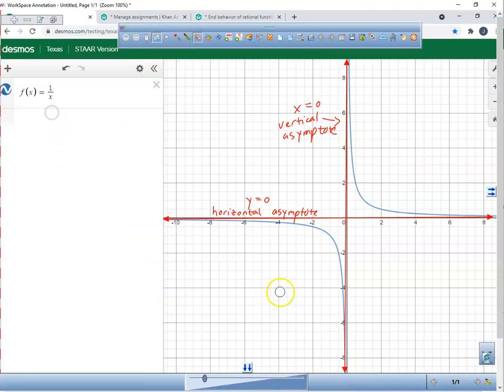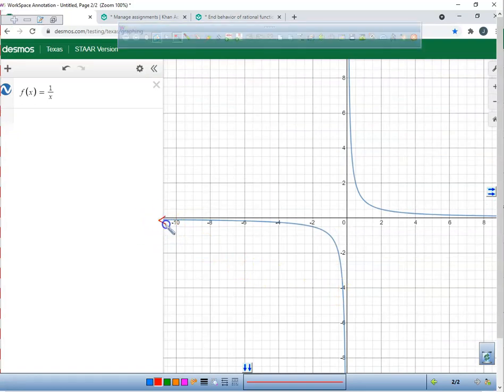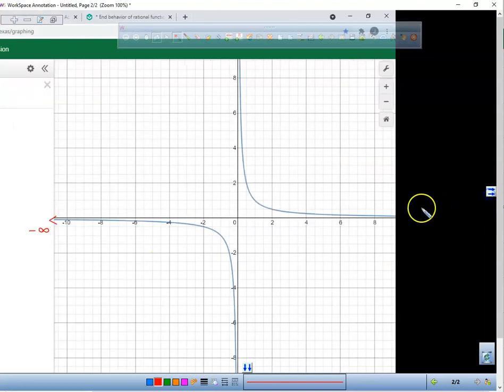So I'm going to erase all of this and start writing about end behavior. Would you agree that as the graph goes to the left, the x values are going towards this concept called negative infinity? And as my x values are going to the right, I'm going towards the concept called positive infinity.